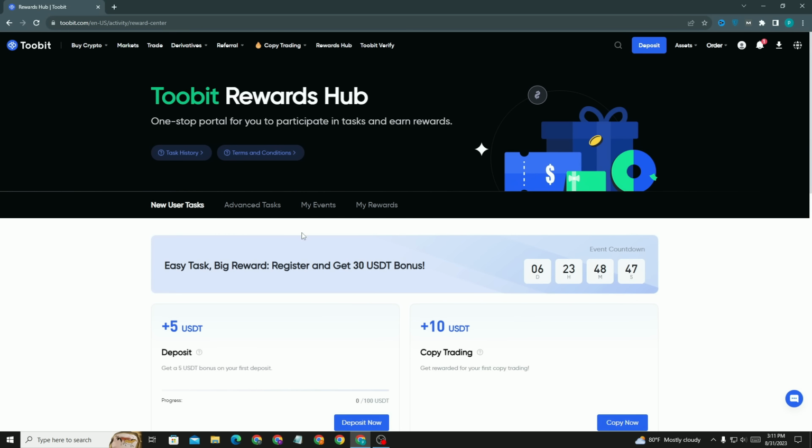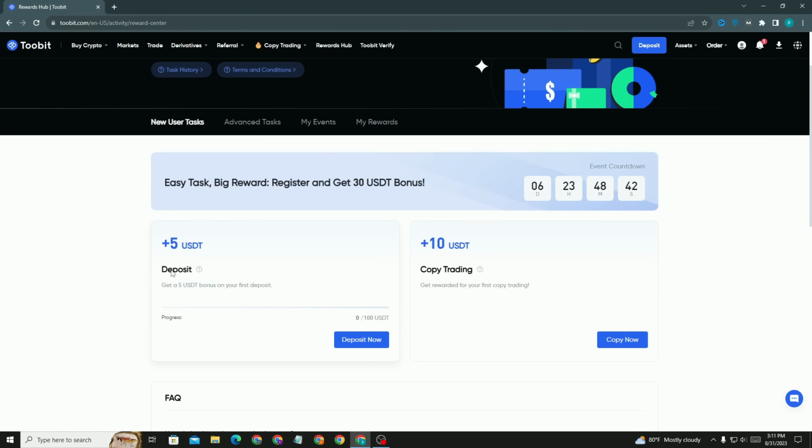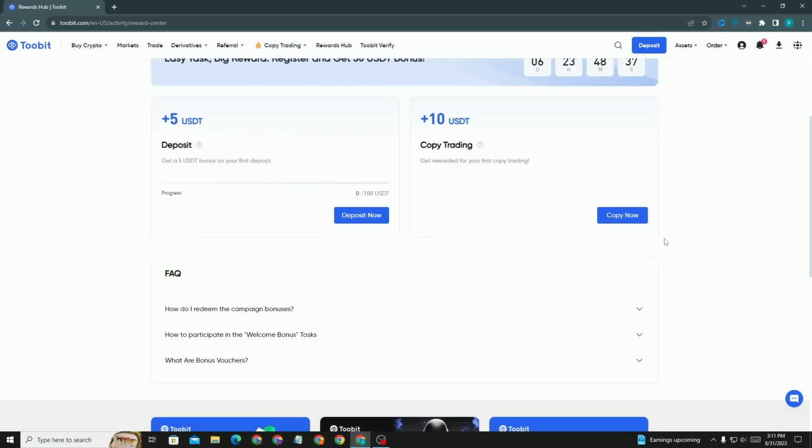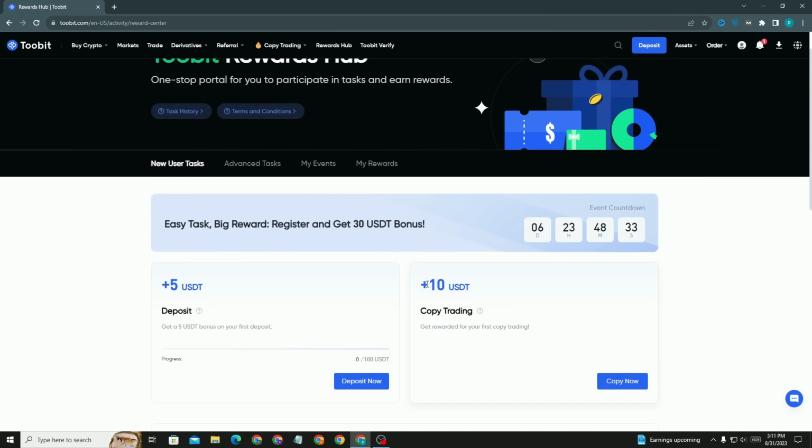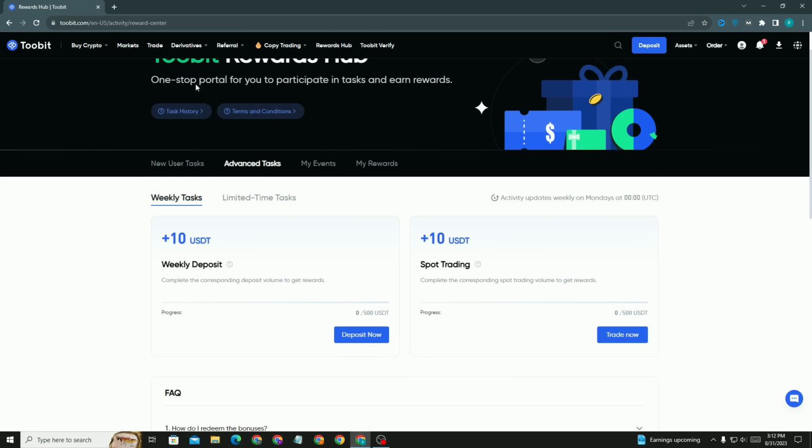Okay, so many people want to get a reward. Simply if you deposit, then you will get 5 USDT. If you do copy trading, then you will get 10 USDT. It's just a simple thing that I have already told you. So you can get all this amount. Just fulfill all the criteria, then only you can get some amount of money over here in the Toobit platform, and you can invest it here.